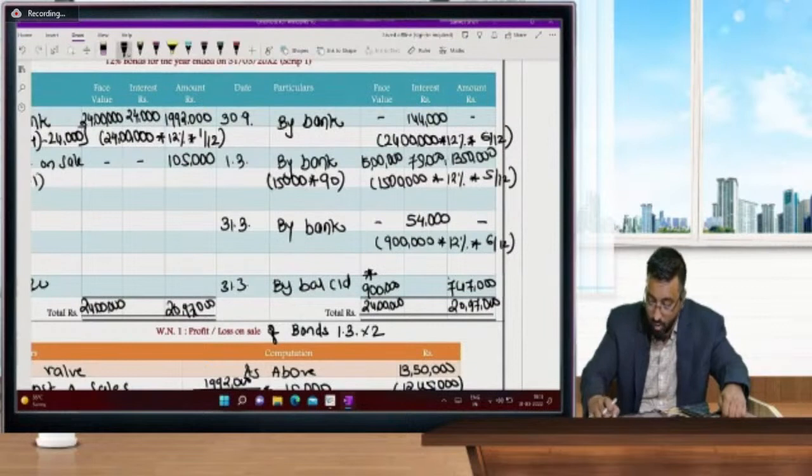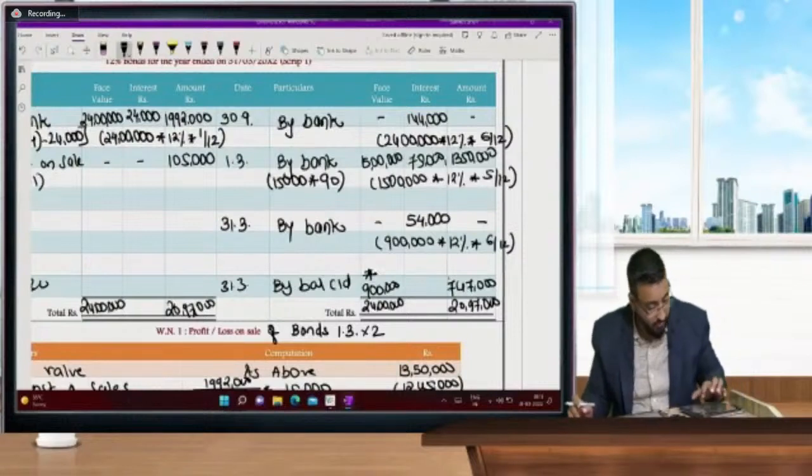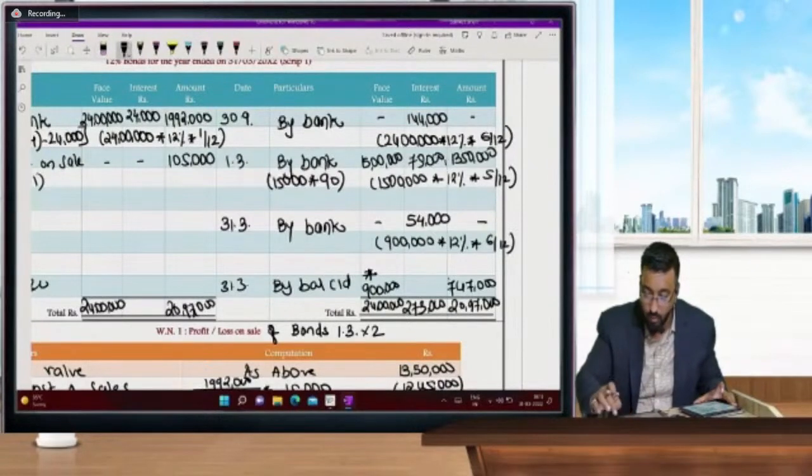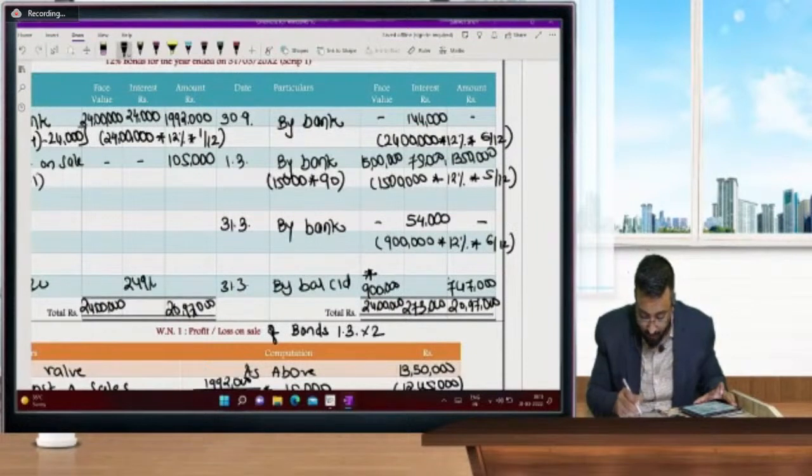And interest column 144 plus 75 plus 54, 273 minus 24, 2,49,000. Easy hai.